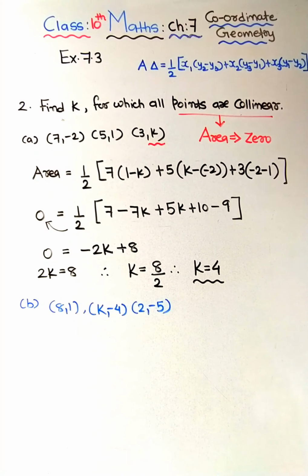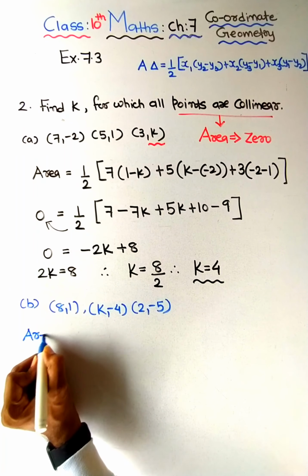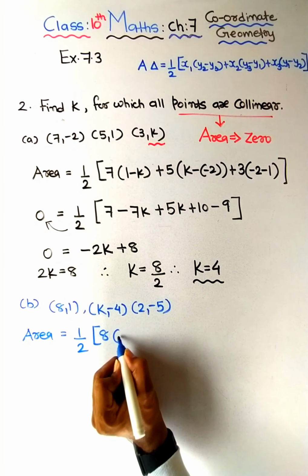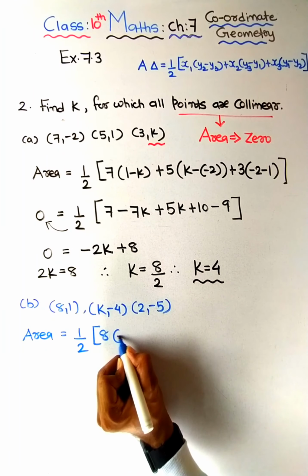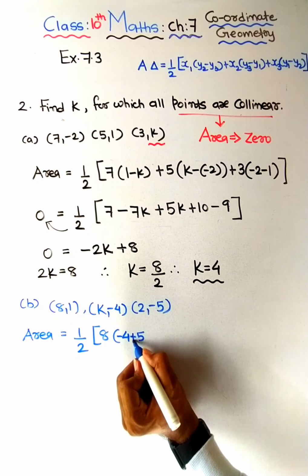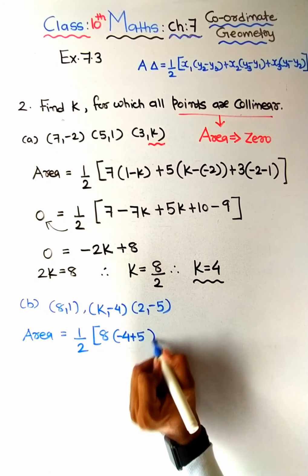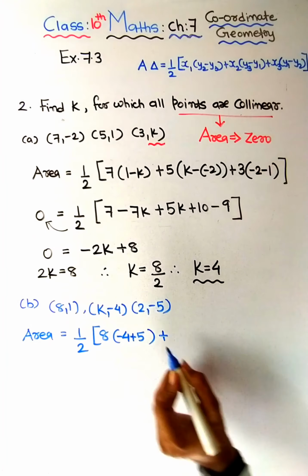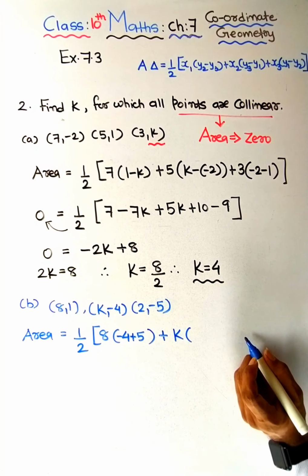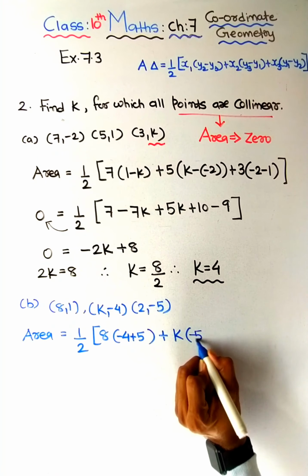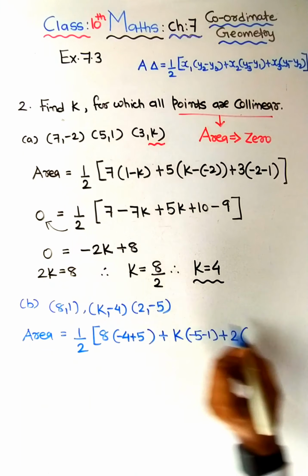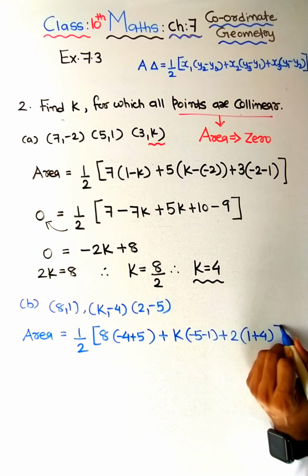Following the same strategy, we will be finding the area, 1 upon 2, 8, y2 minus y3, that means minus 4 minus 5, that means minus 4 plus 5, plus x2, that is k only, and in the bracket we will be doing y3 minus y1, that means minus 5 minus 1. x3 is 2, and here we have 1 minus 4, that means 1 plus 4.